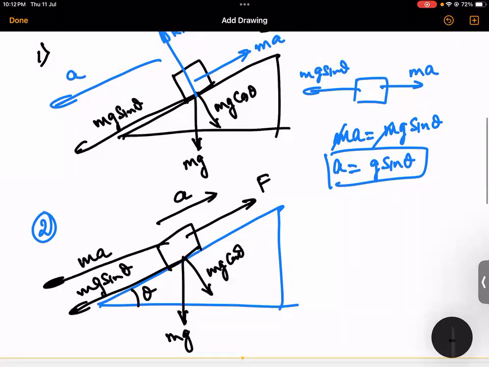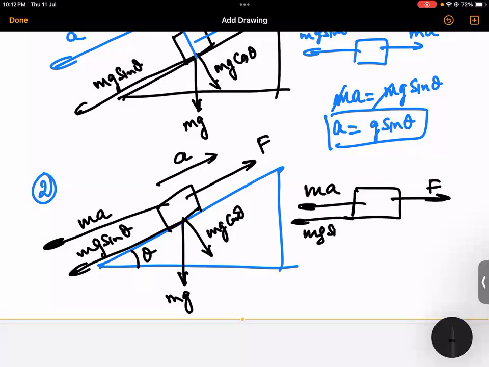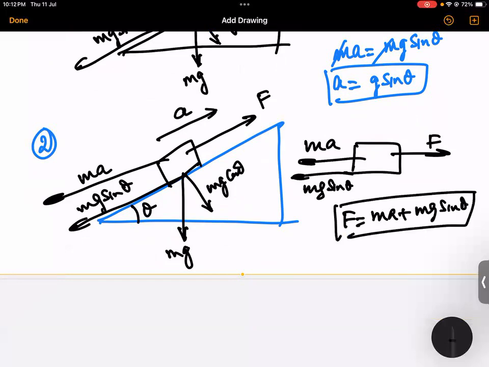So what will be the free body diagram of this body? This will be F, this will be ma, and this will be mg sin theta. From here, what do you get? F equal to ma plus mg sin theta. So the force required is F equal to ma plus mg sin theta.